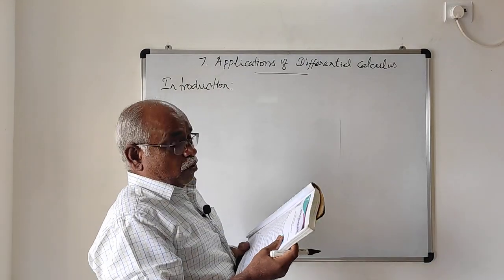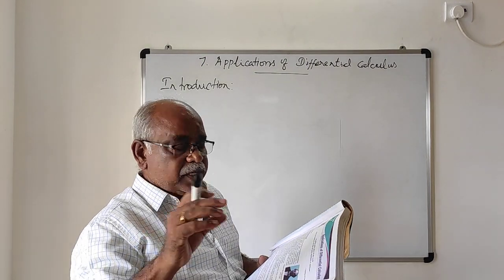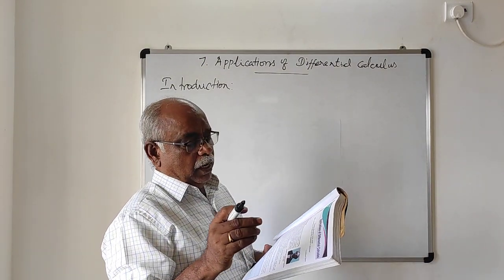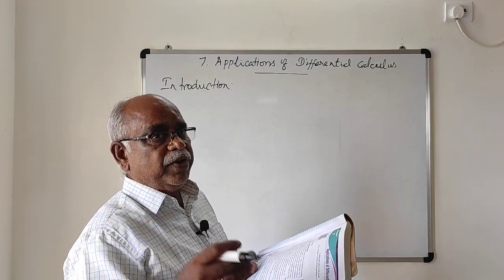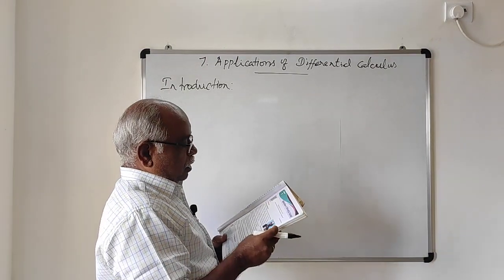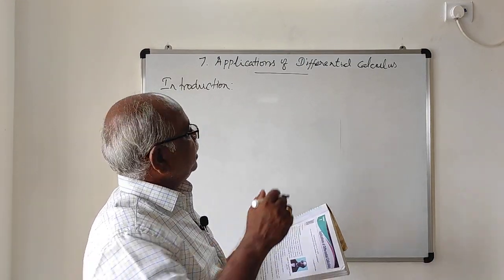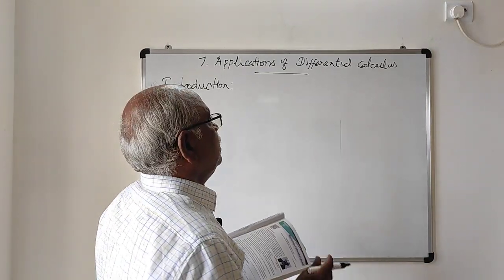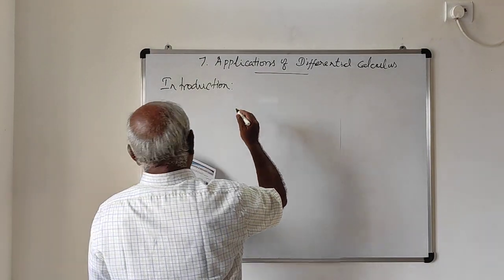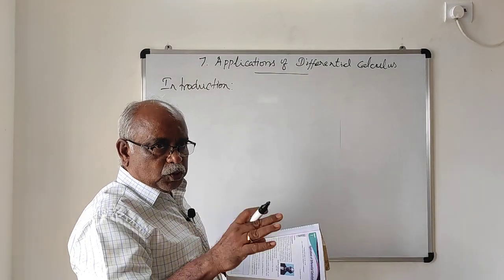The primary objective of differential calculus is to partition some elements into smaller parts, that means infinitesimal parts. In earlier days, differential calculus was called infinitesimal calculus, because it splits the particles into smaller parts.